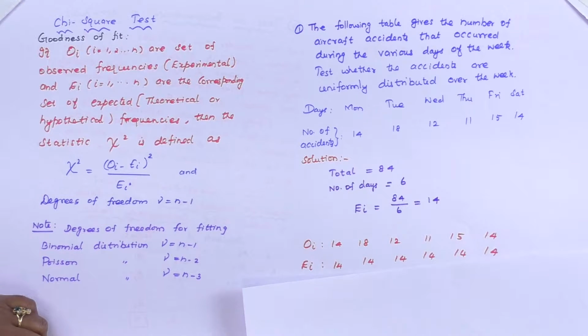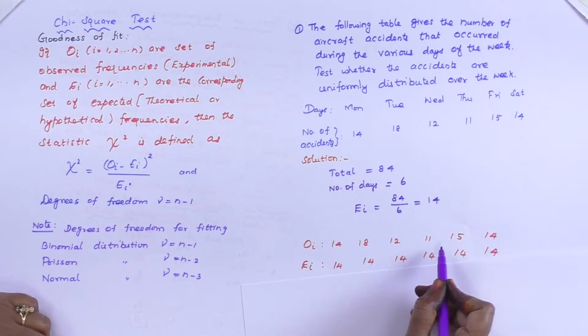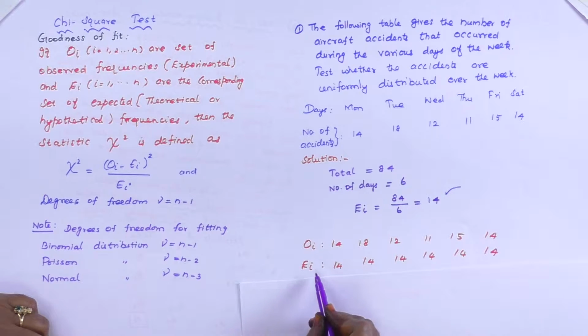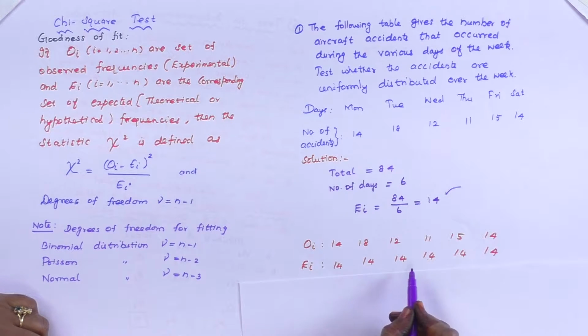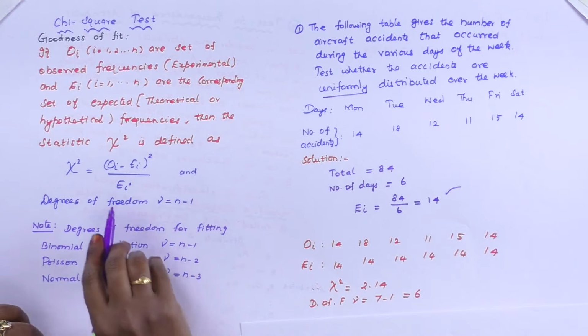Next we list the corresponding observed frequencies 14, 18, 12, 11, 15, 14, and we calculated our expected frequency as 14 for each day. When 14 is assigned to all, that is called uniformly distributed.